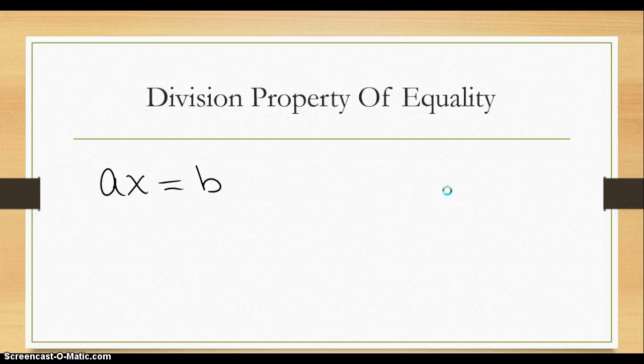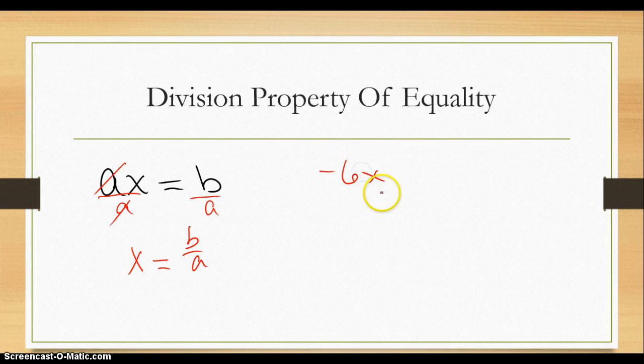Division property of equality. a times x equals b. Divide by a to get rid of that, because any number divided by itself equals 1. So we're left with x equals b over a. Now it is very important, because I keep telling you we need to get x alone, that when we get x alone it is a positive x.